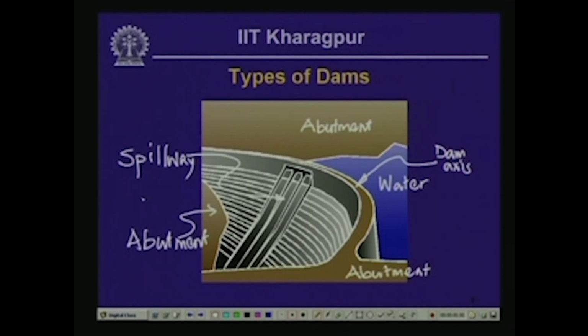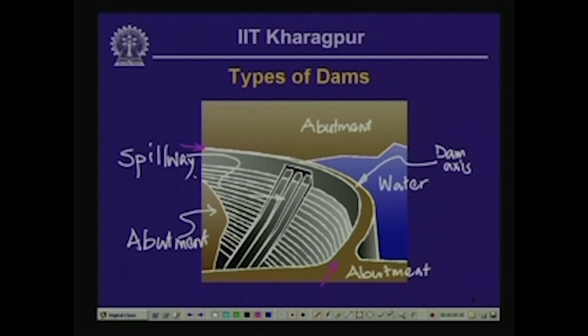This type of dam is called an arch dam because here the load, the lateral pressure that is exerted on the dam body by the water, is counteracted by arching action, where the arch meets the right and the left abutment, as well as through the action of gravity.